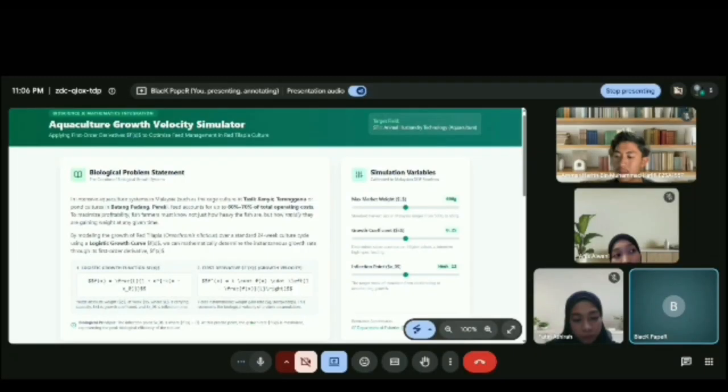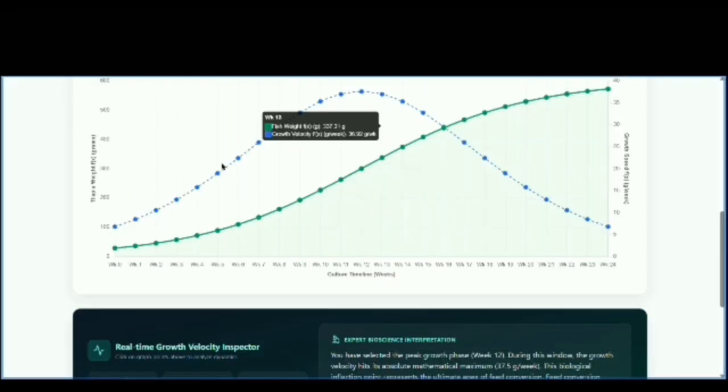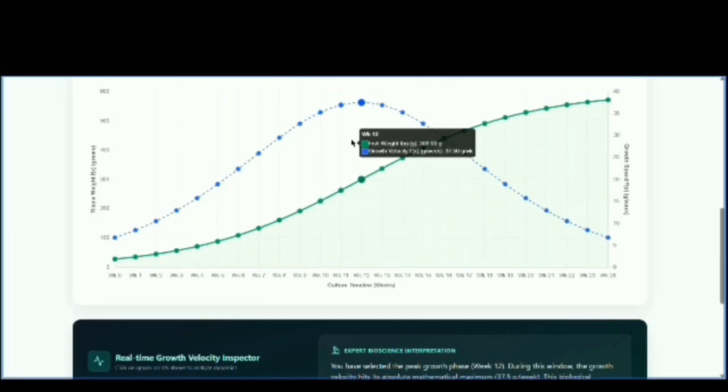Knowing this exact rate is a game changer. It allows us to identify the exact moment of peak growth acceleration. As you can see on this graph, the curve peaks right here. This peak shows the highest growth rate.